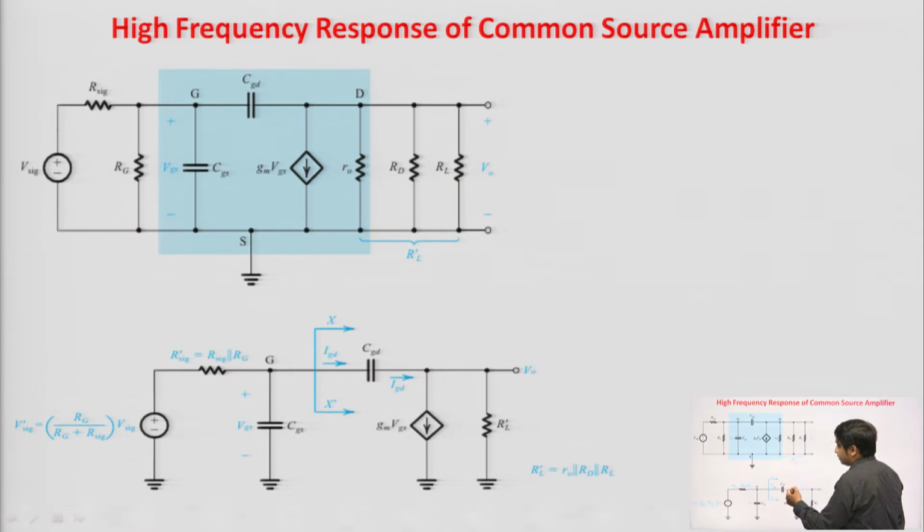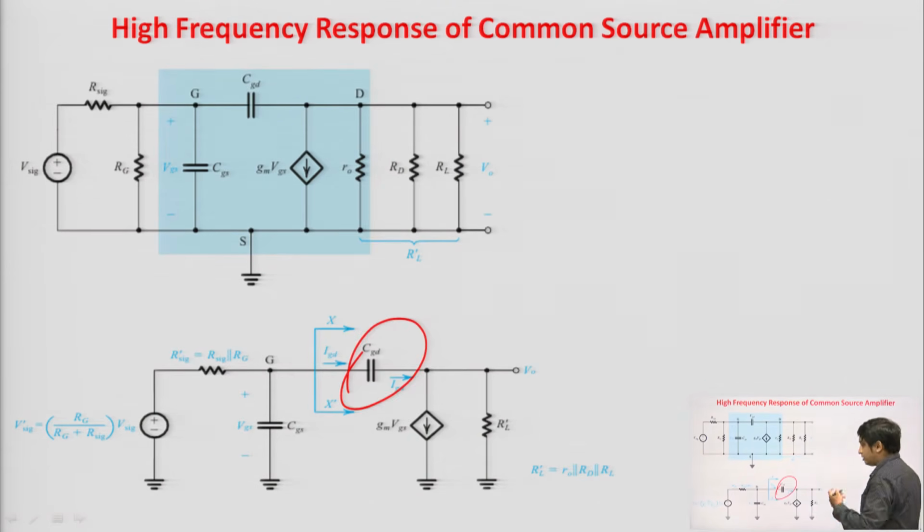How will the circuit come to know about the existence of this CGD? It will come to know about the existence of CGD because of this current IGD. So, we can replace this CGD with another capacitance called C equivalent, that is connected between gate and source, with the condition that the same current should flow through this C equivalent.